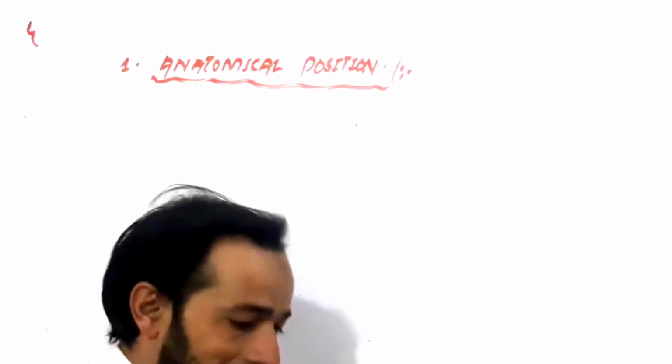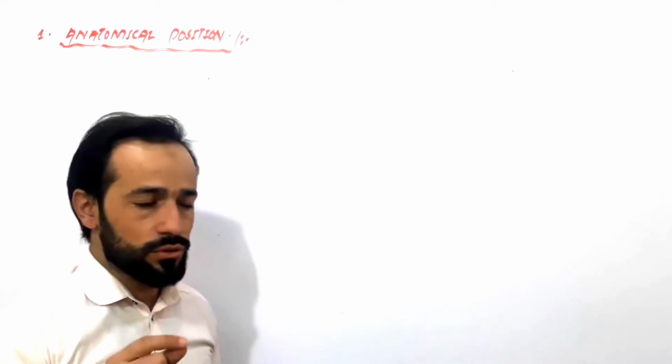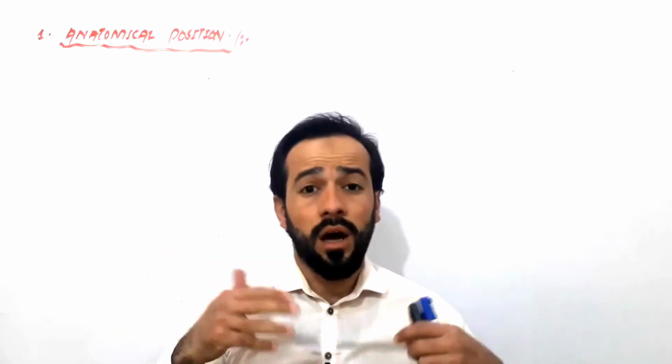The most important thing to know about this position is that whenever anyone says to you, please show me the anatomical position, you have to stand. You don't have to lie, you don't have to sit, you have to stand. How you should stand, I will show you in the practical video at the end. So first we should write down some points about what the anatomical position is.